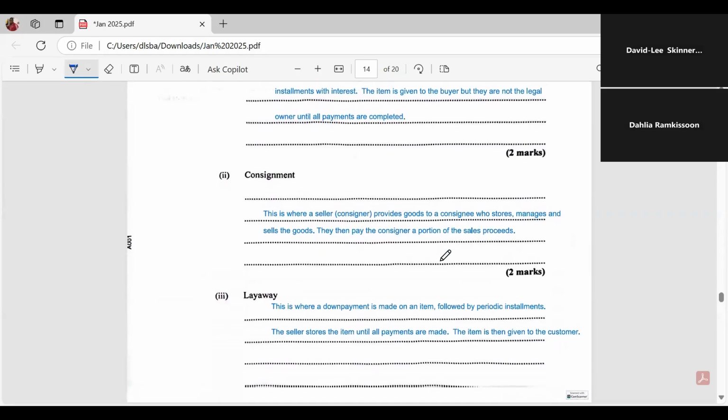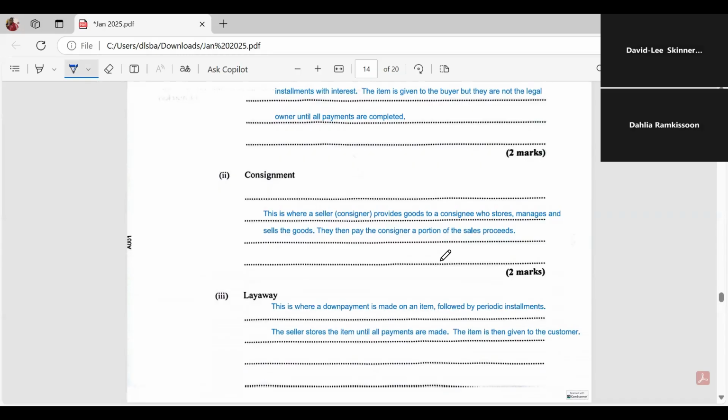A consignment. So this is where a consignor provides goods to a consignee who stores, manages, and sells the goods. And then the consignor will be paid a portion of the sale proceeds.